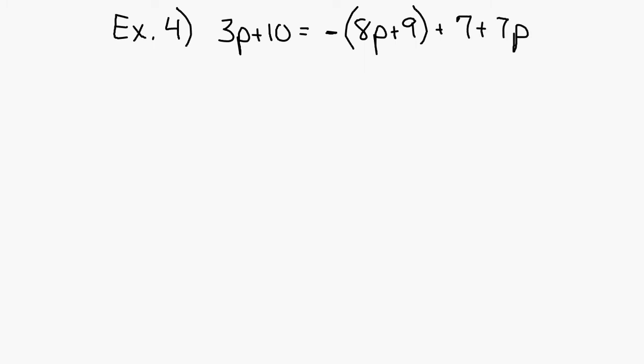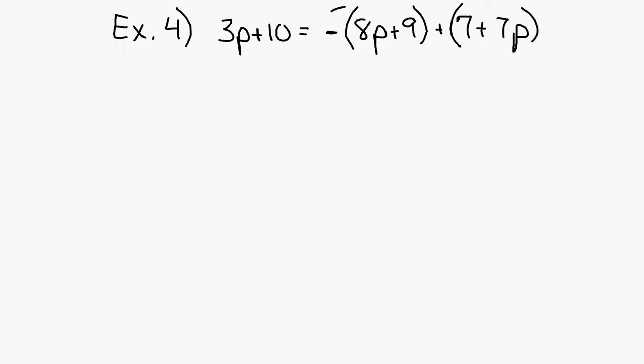And your last example, 3p plus 10 is equal to a negative sign outside the parentheses and then 8p plus 9. And also on this right-hand side you've got a plus 7 plus 7p. All right, so the first thing you have to do here is the distributive property.